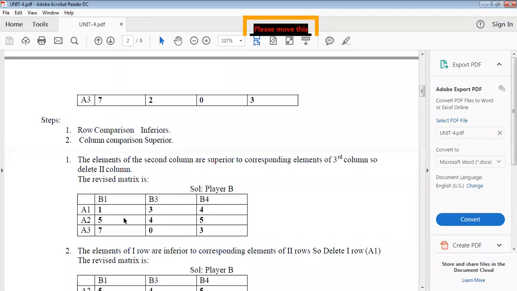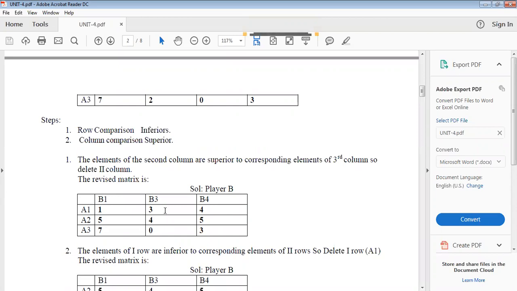If you compare the first column and third column, 4 is dominating 1, 5 is not dominating 5, they are similar, whereas 3 is inferior to 7. So the first column is not dominating the third column, and the third column is not dominating the first column.